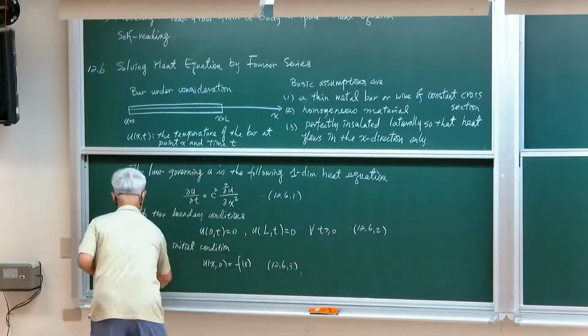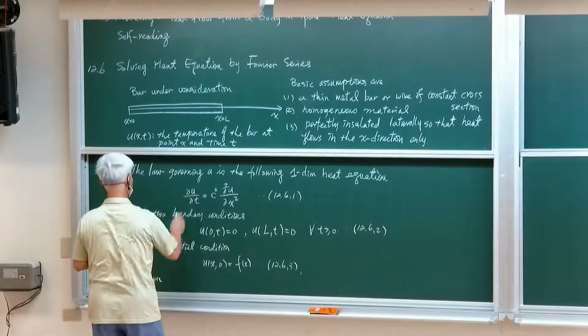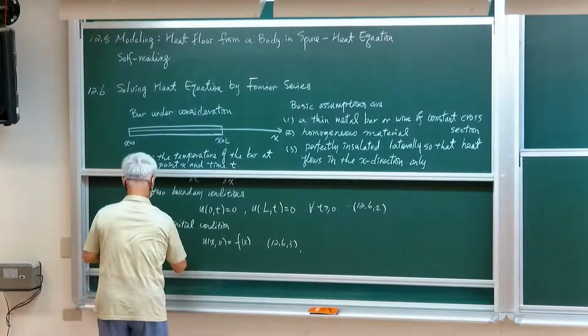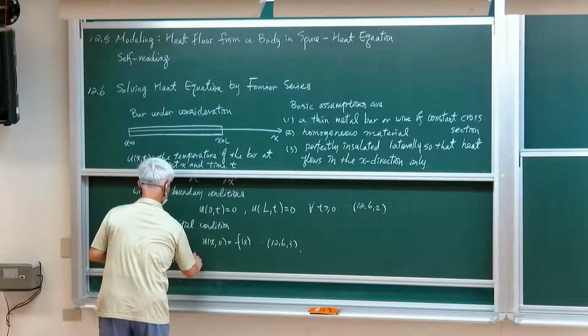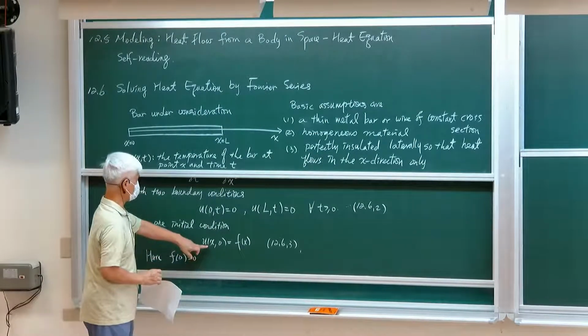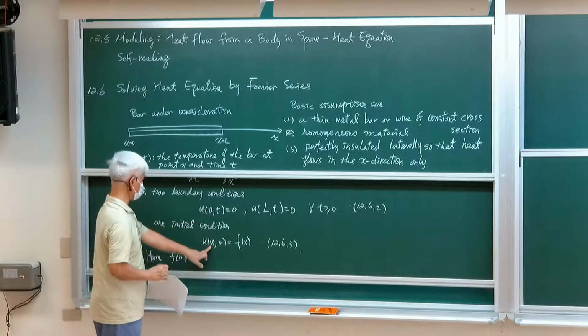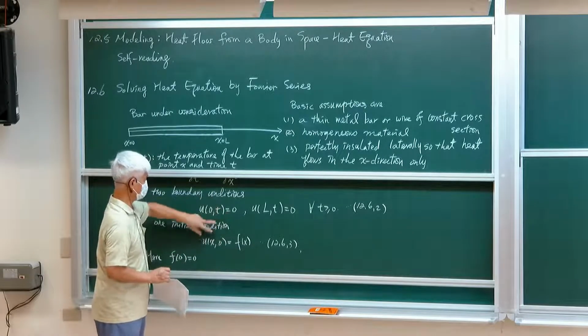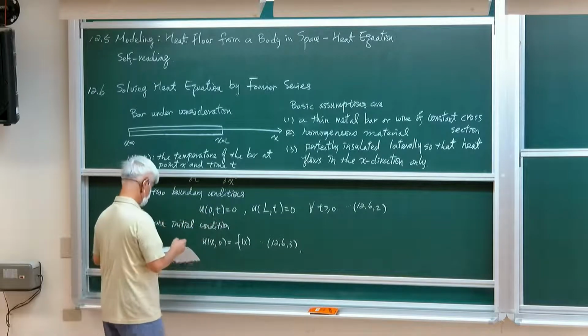And here f(0) should be 0, because when x equals 0, this is equal to 0 because of the boundary condition.